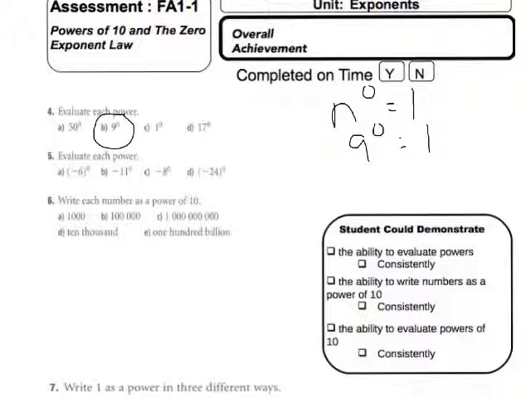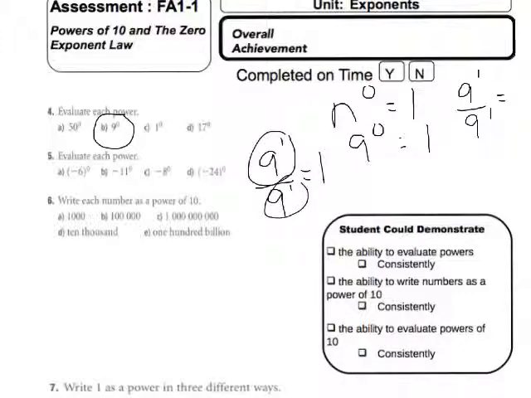We will discuss this later on when we start talking about the division rules for exponents. But essentially, if you have 9 divided by 9, we know we get an answer of 1. With laws of exponents, there's a rule that says 9 to the power of 1 divided by 9 to the power of 1 — the law says when dividing powers with the same base, which would be 9, we just subtract the exponents.